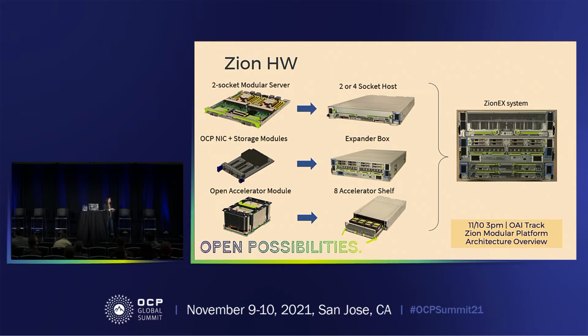And then we still have the OCP accelerator module, and the 8 accelerator module shelf. Connecting all of them together, this is our ZionEX design. Tomorrow we're going to run a deep dive into the hardware design. You can come join us.